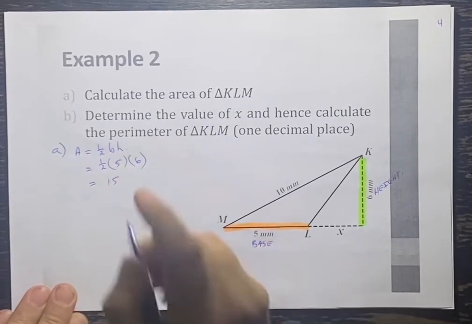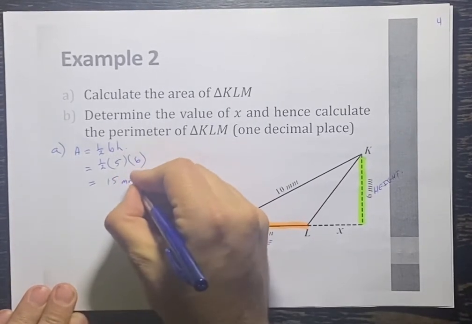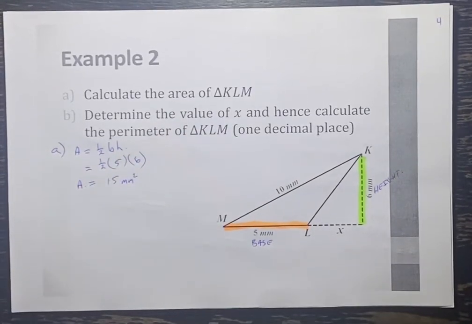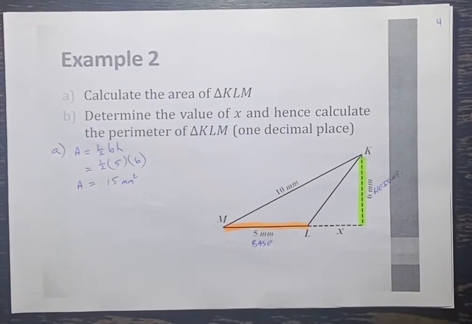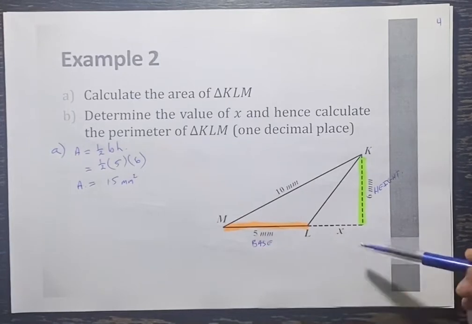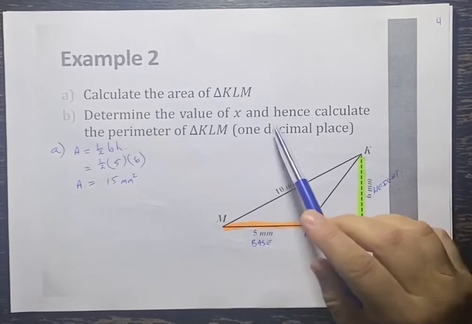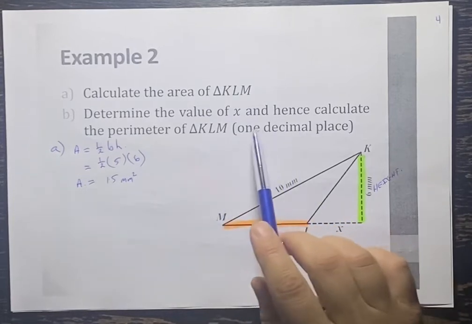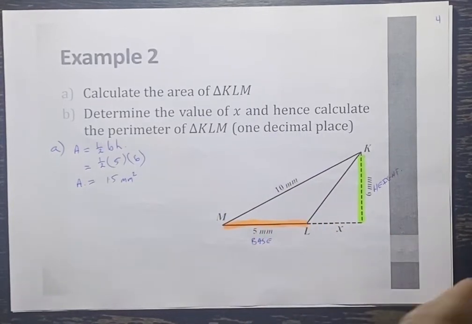And our units are millimeters squared. So there's our area for that triangle. Now what we need to do for question B is we need to determine the value of x, this value over here, and then hence calculate the perimeter of triangle KLM to 1 decimal place.